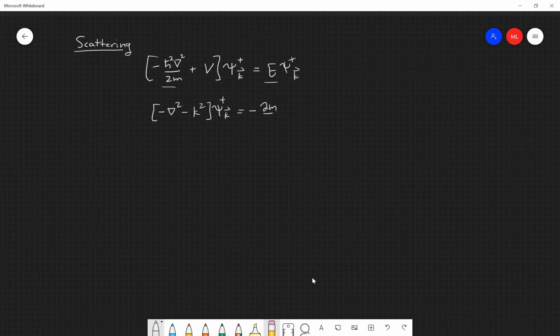Of course, it's all multiplied through. We can do that. And now all we do is we invert this operator using a Green's function.